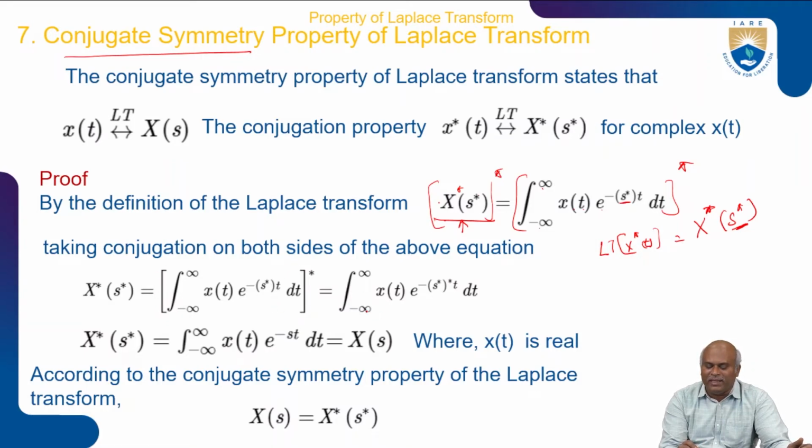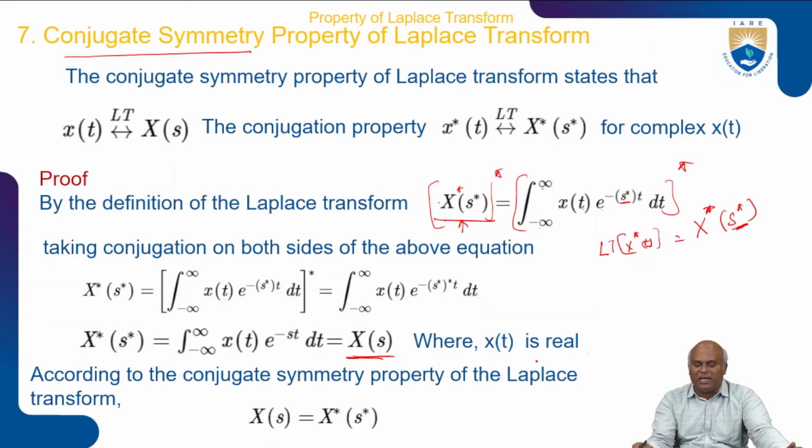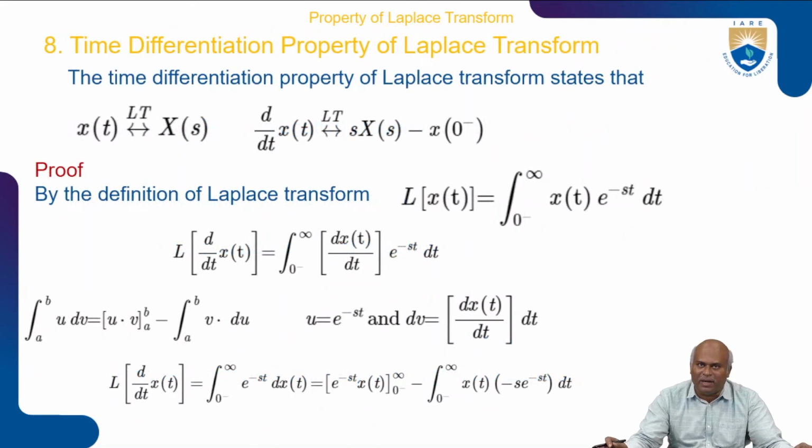That value is equal to the integration of x(t) e^(-st) dt, which is equal to X(s), where x(t) is real. According to the conjugate symmetry property of Laplace transform, X(s) is equal to X*(s*). Now we proved the conjugate symmetry property.